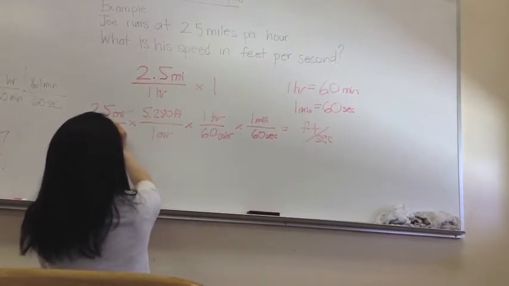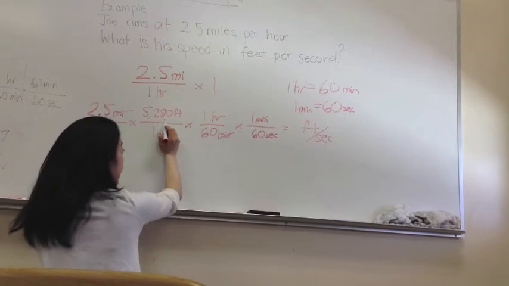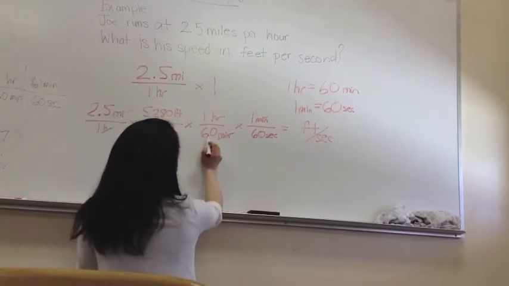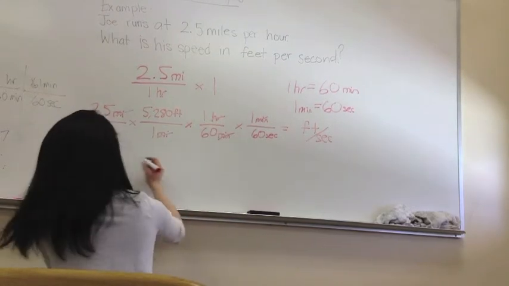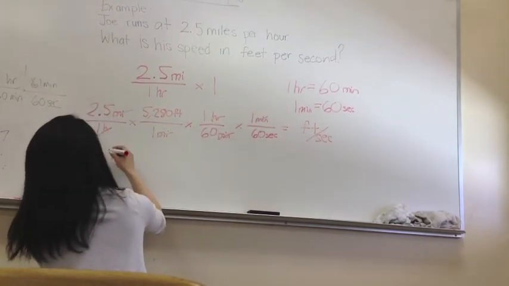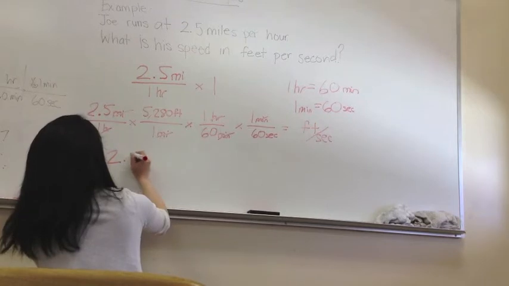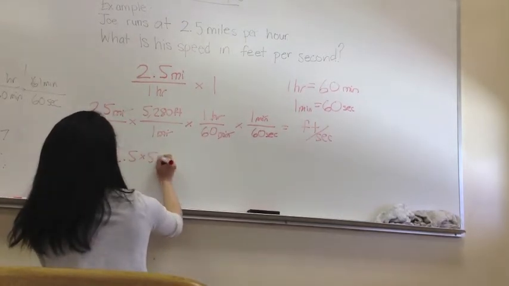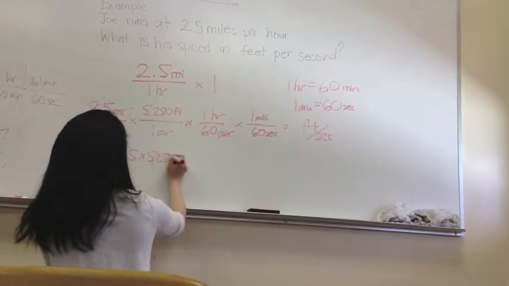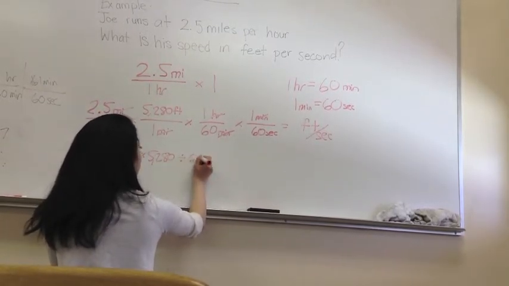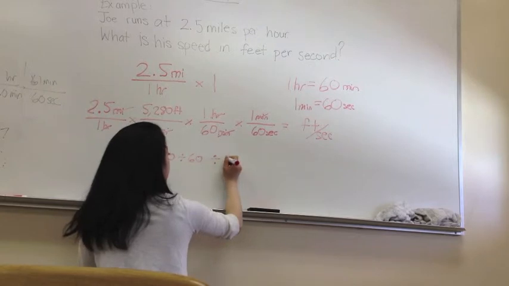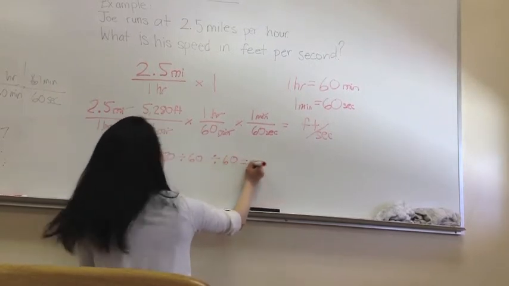So it would be 2.5 times 5,280 divided by 60, and then divided by 60. Now using a calculator, 2.5 times 5,280 divided by 60, and then divided by 60 would equal 3.67.